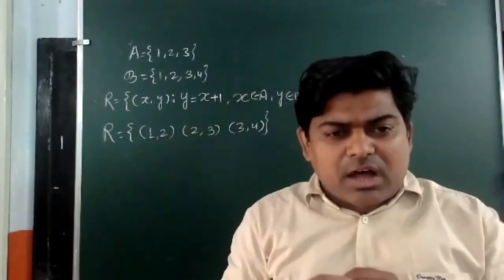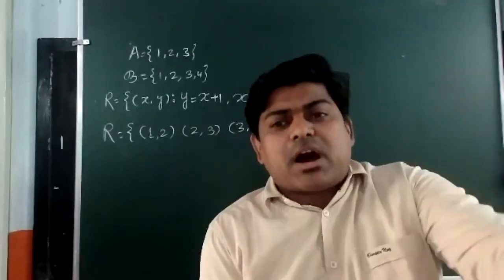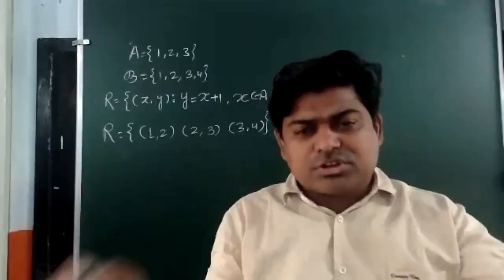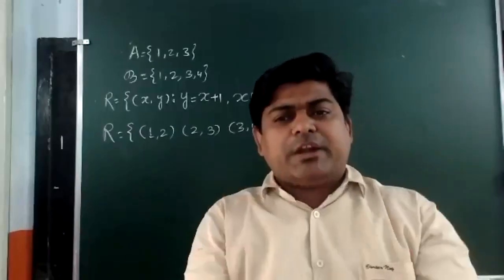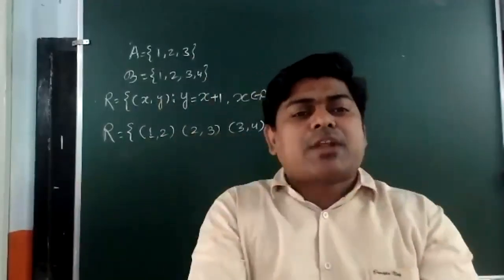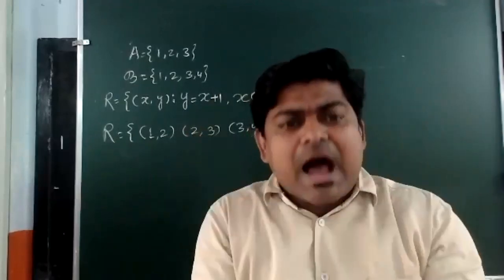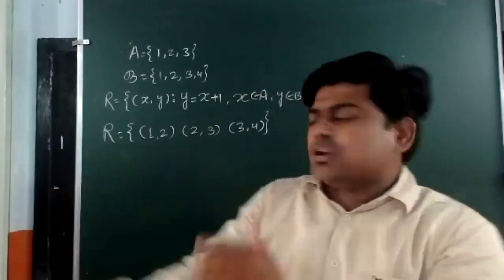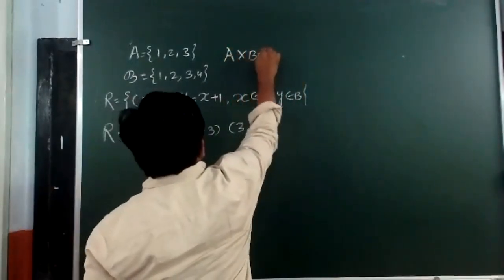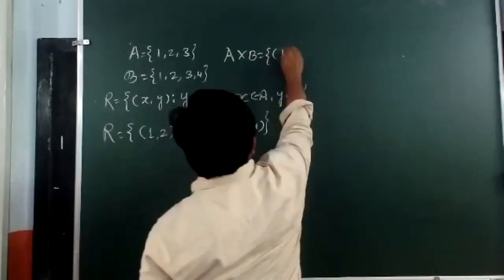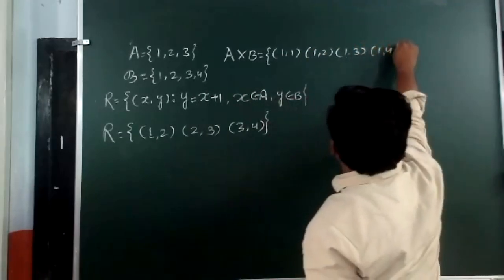And now, mathematically is it correct or not, or I can say whatever definition I have given in the book, according to this definition, is it correct or not? Because the definition has given only one thing: if a relation is defined from A to B, then that relation R should be a subset of A cross B. Let us check whether this R is the subset of A cross B or not. So to check it, first of all, what should I do? I write A cross B, and this is, I can write (1,1), (1,2), (1,3), (1,4).